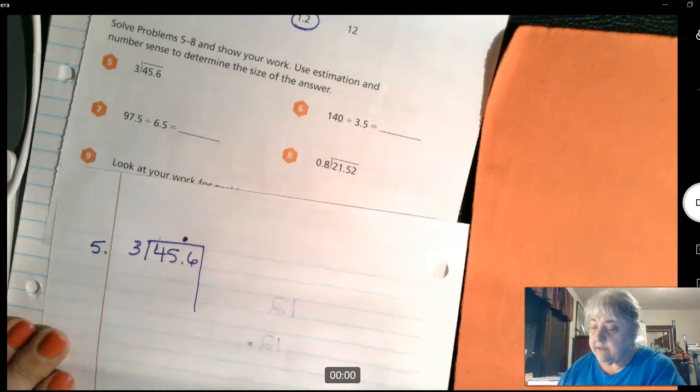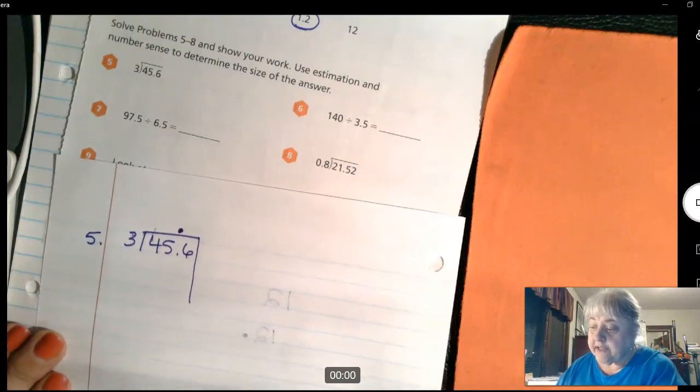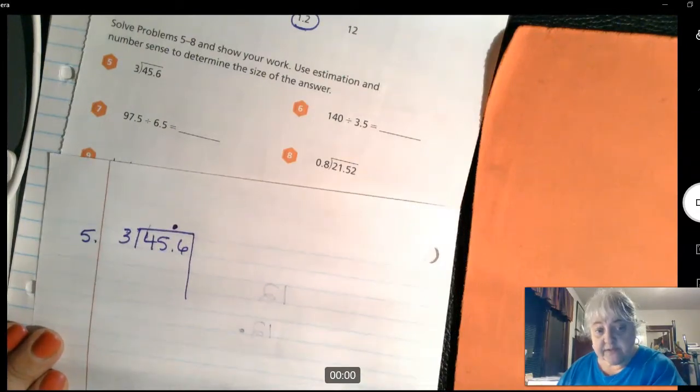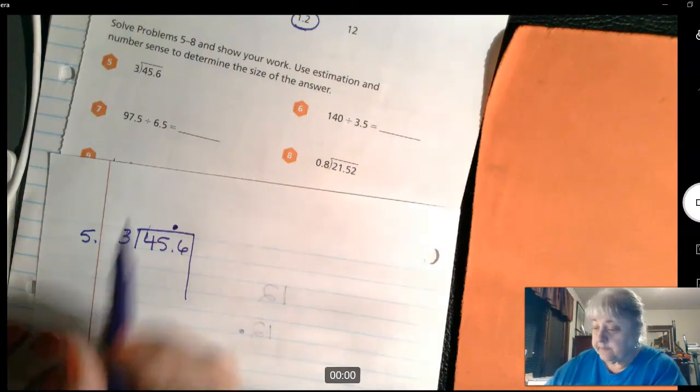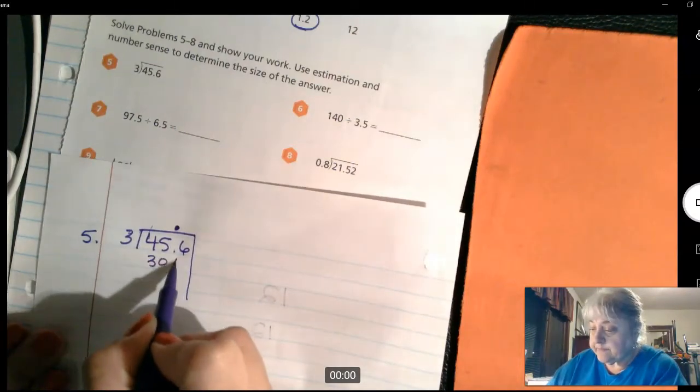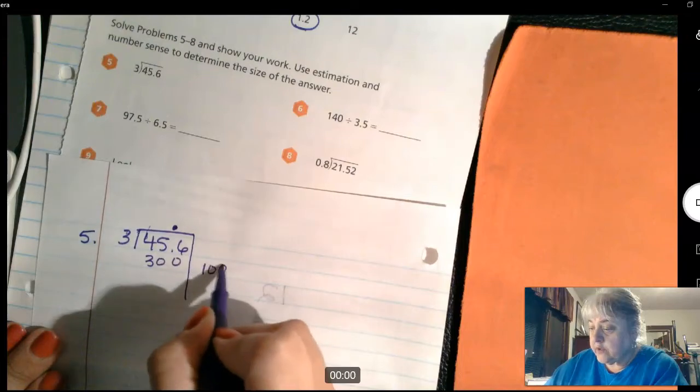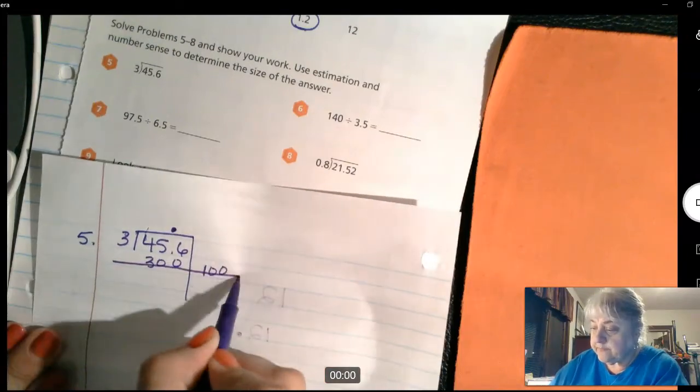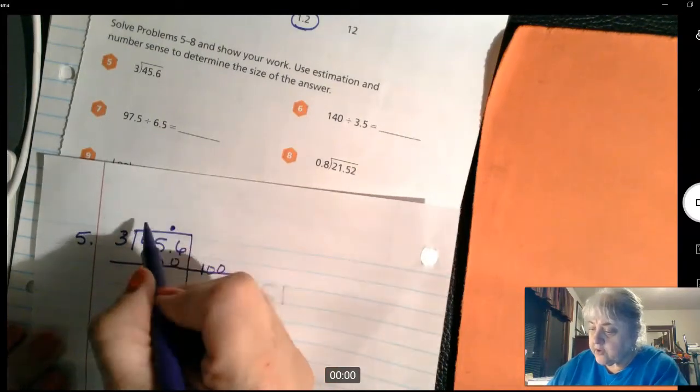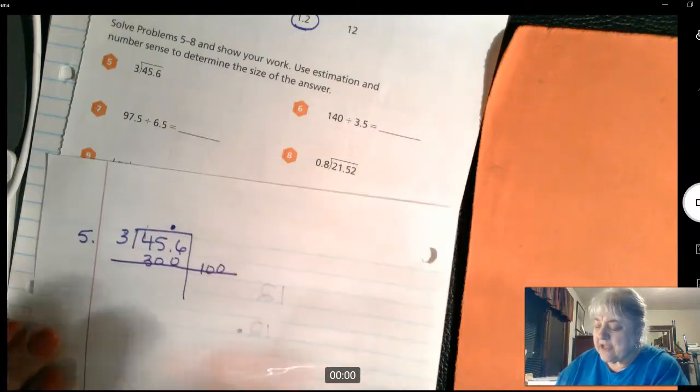Now I'm thinking about how many times will 3 go into 456. Well, I know that 3 times 10 is 30. So 3 times 100 would be 300. So I'm going to take off 100 groups of 3.